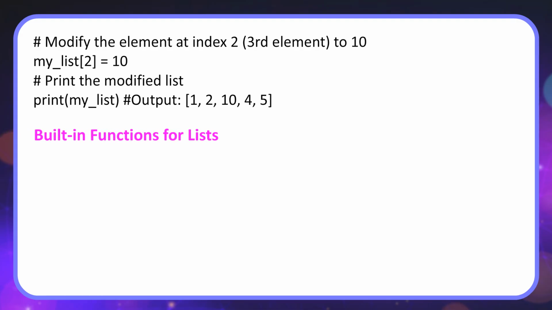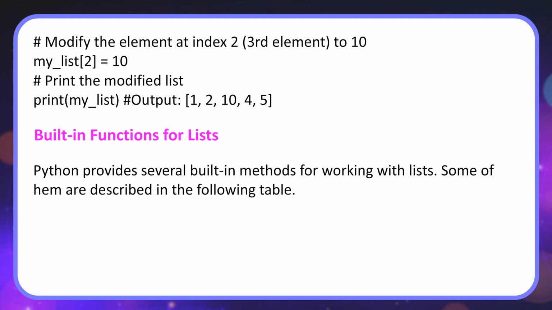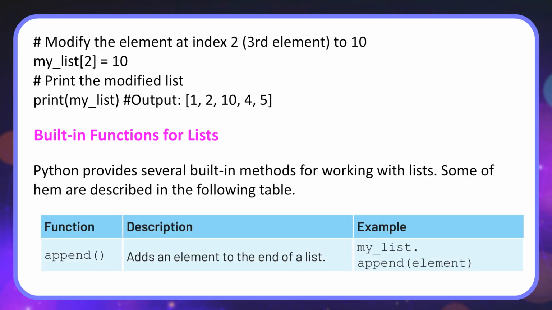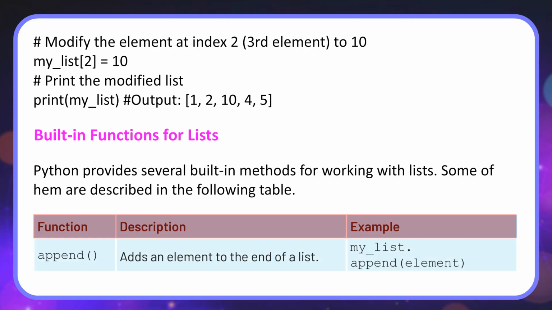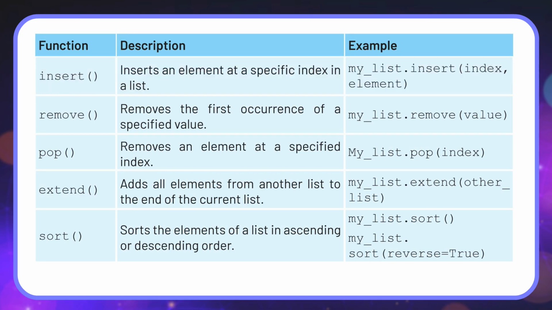Built-in functions for lists. Python provides several built-in methods for working with lists. Some of them are described in the following table. Function, description, example. Append: adds an element to the end of a list, my_list.append(element).